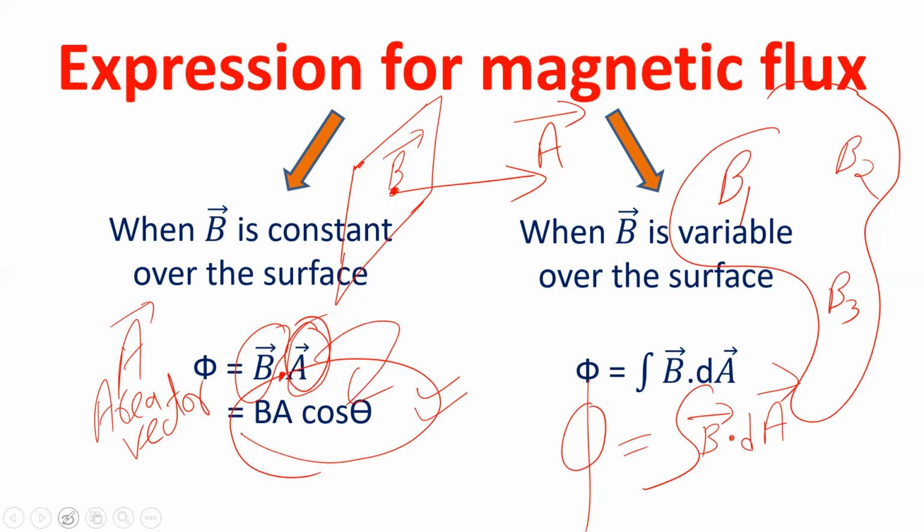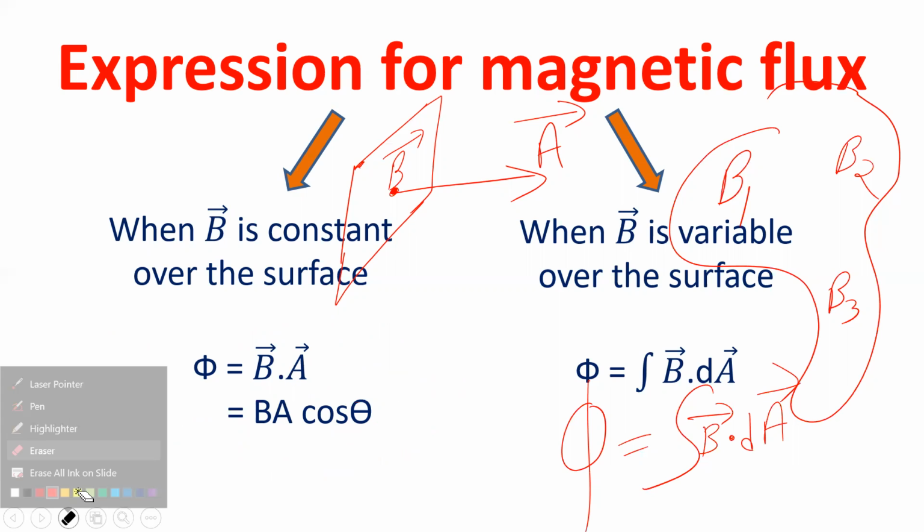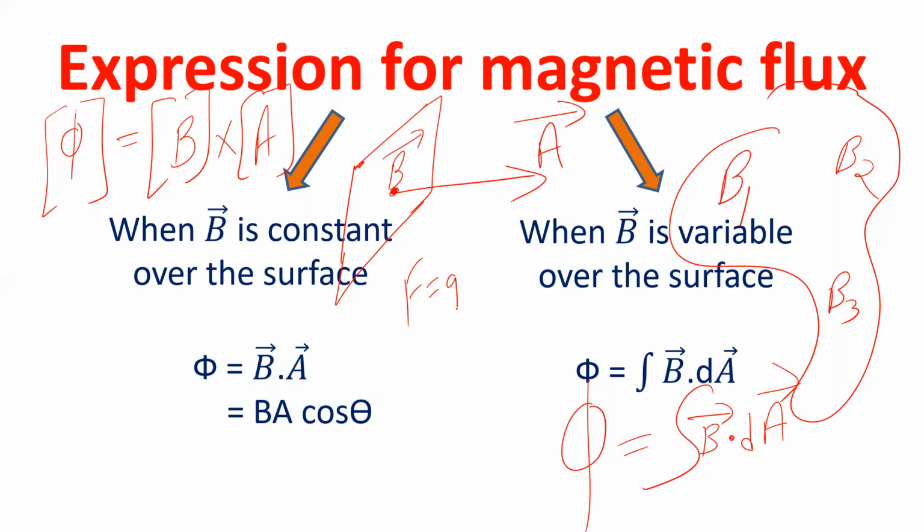So for dimension analysis, the dimension of phi can be written as the dimension of B into the dimension of A, and A possesses the dimensions of area. And how can we write B for dimension analysis? F = q v B sin theta.